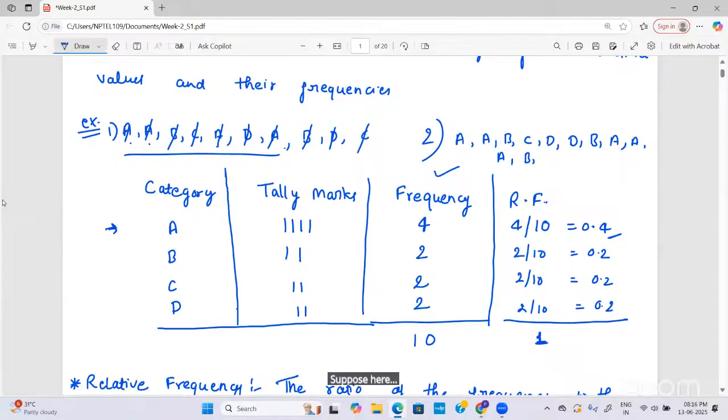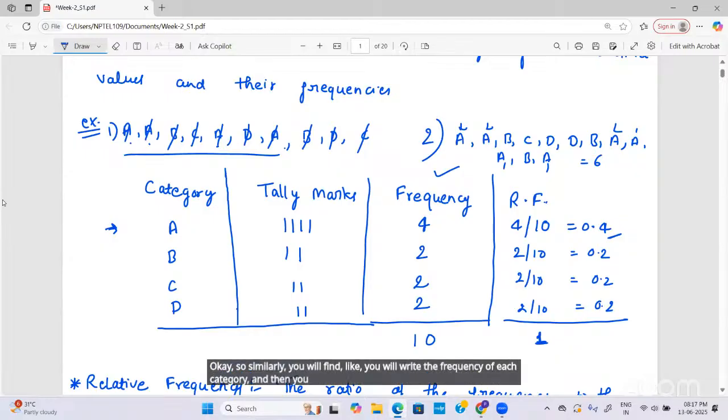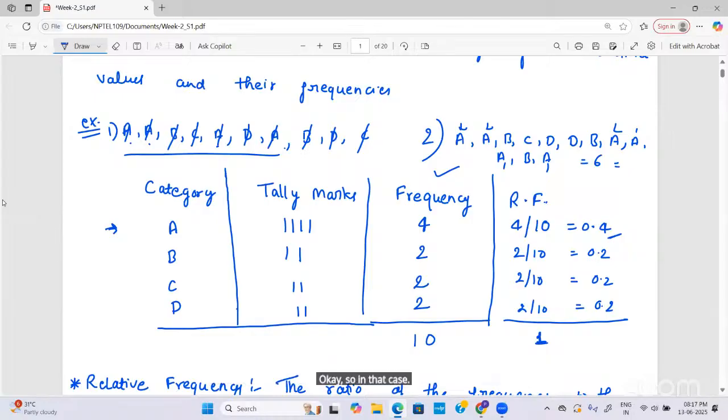Now you can count: 1, 2, 3, 4, 5, and 6. So here the count is 6. Now you have to find the relative frequency. Similarly, you will write the frequency of each category and then find the relative frequency, and in that case, you will get some proportion.